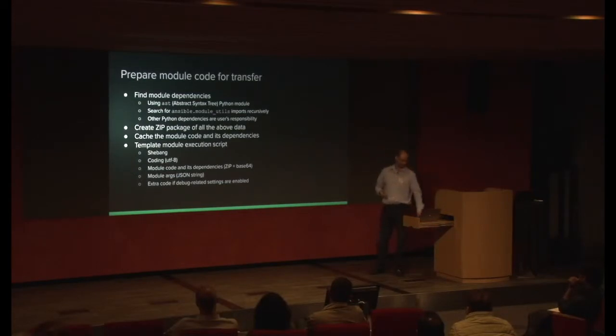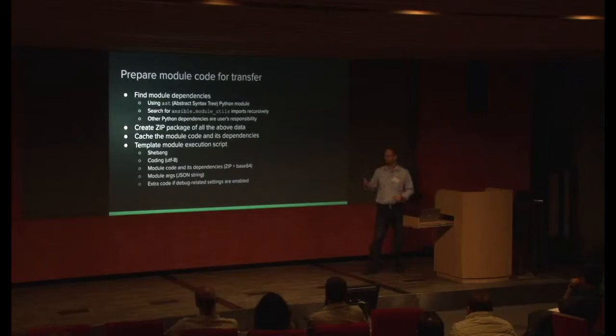Then also the coding of the script itself, and then the module code with all its dependencies as a zipped and base64 encoded string, which is inserted into the final execution script.